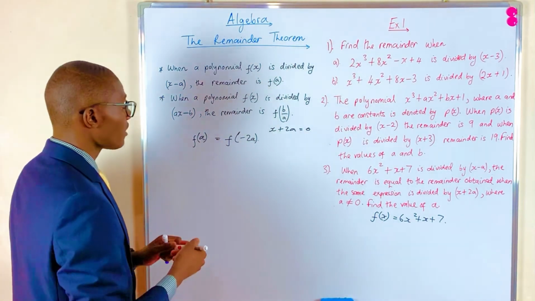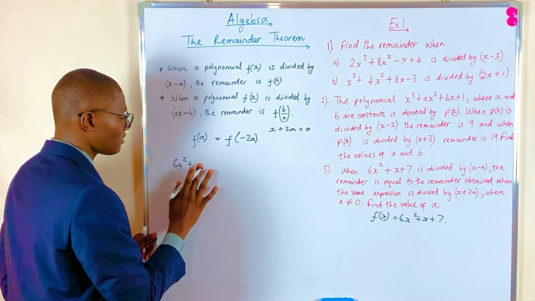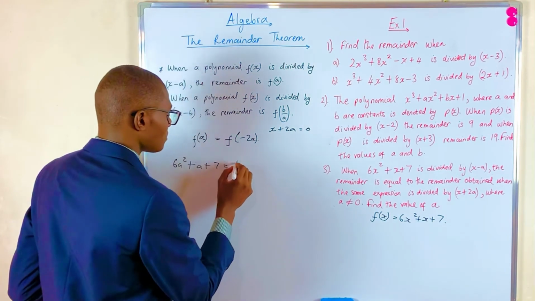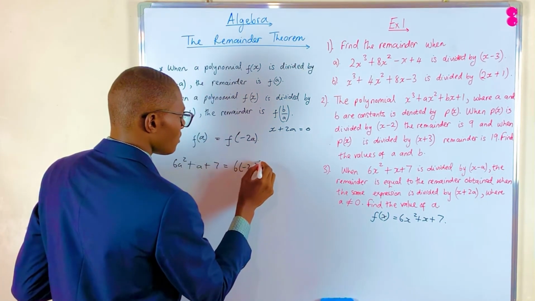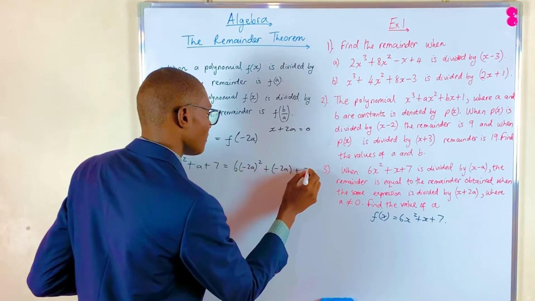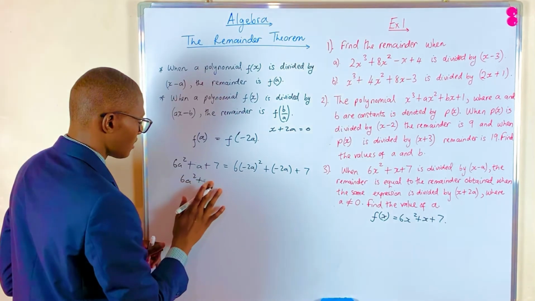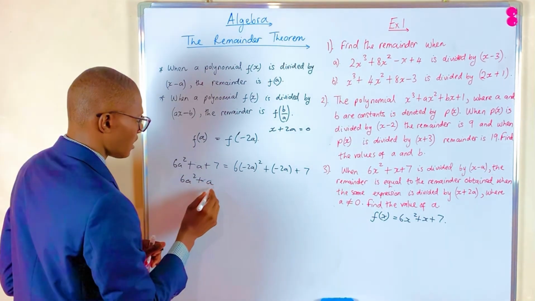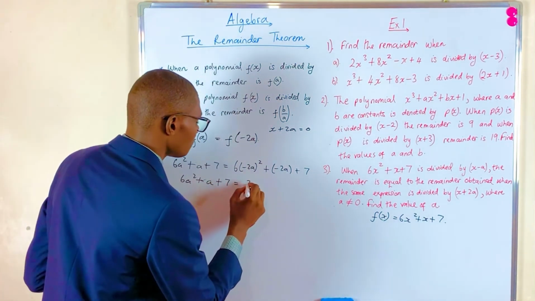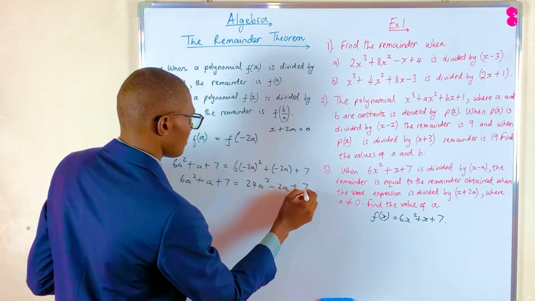So f of a, we're saying 6a squared plus a plus 7 is equal to 6 times minus 2a squared plus minus 2a plus 7, which will give us 6a squared plus a plus 7 being equal to 24a squared minus 2a plus 7.